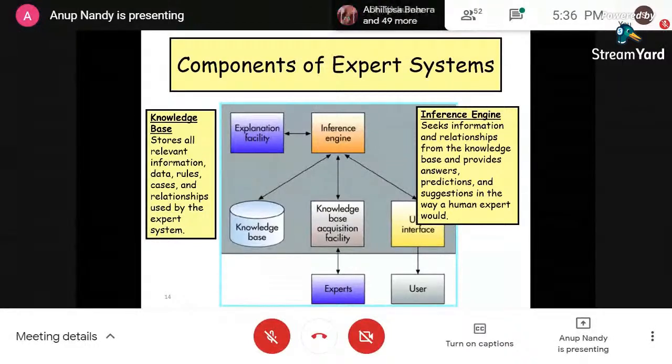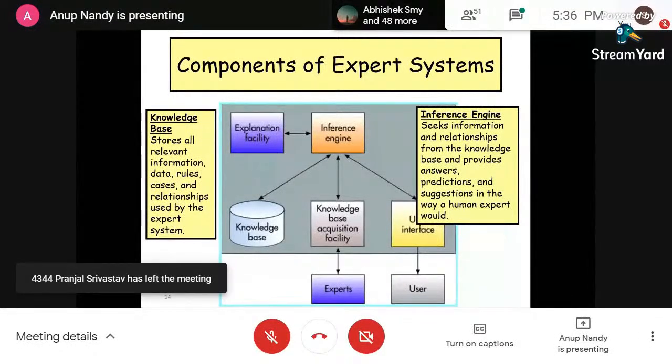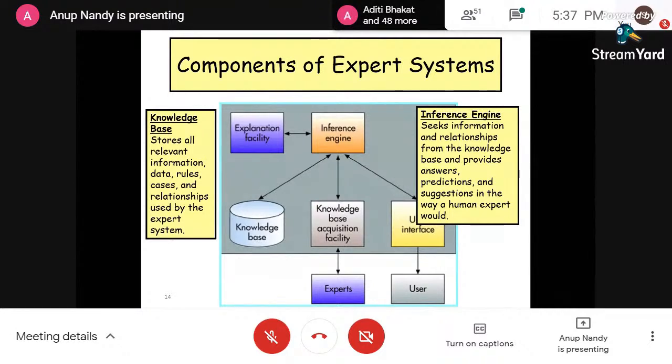There is a bi-directional connectivity between the inference engine and the knowledge base. In the inference engine, you have to write a set of rules, and each rule has two parts: the antecedent part and the consequence part.